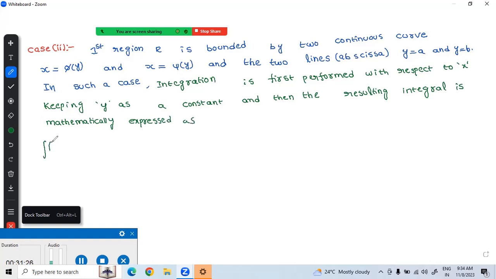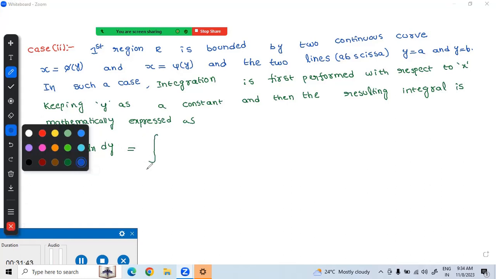double integration of f of x comma y dx dy is equal to the integration with x equal to pi of y and x equal to psi of y.